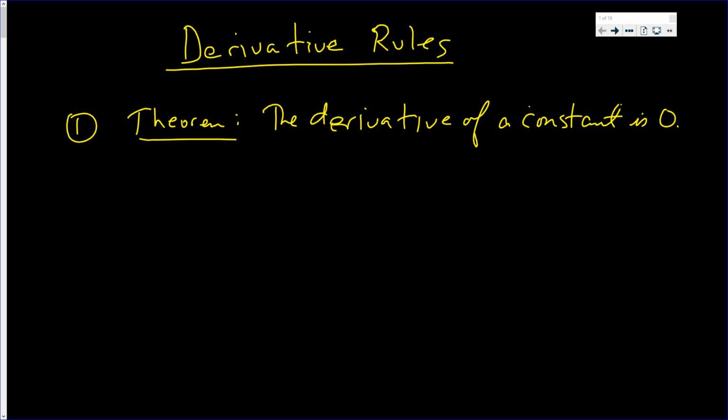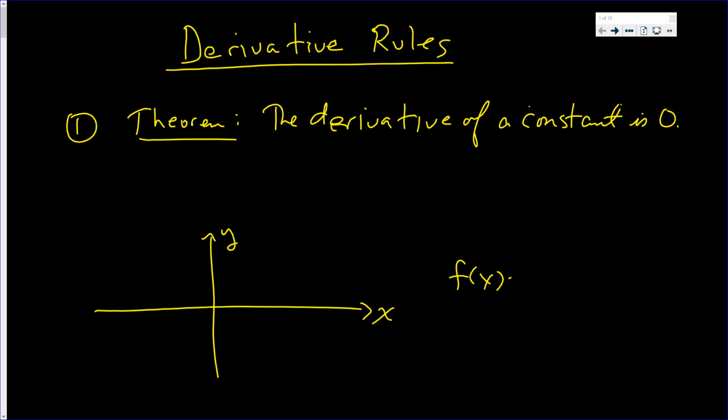How about we motivate it before we prove it by a graph? We have x and y, and f of x is some constant, 7, 4, 3. So that means y is k, always, regardless of what x is. 7 is 7, 9 is 9. It is a horizontal line, and the slope of this line is 0.